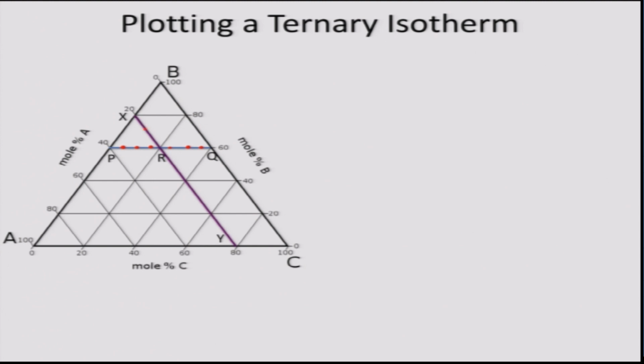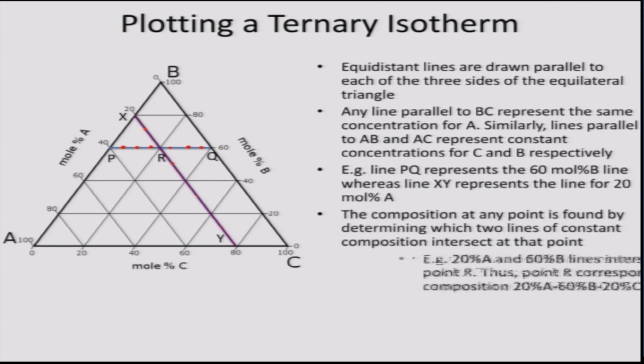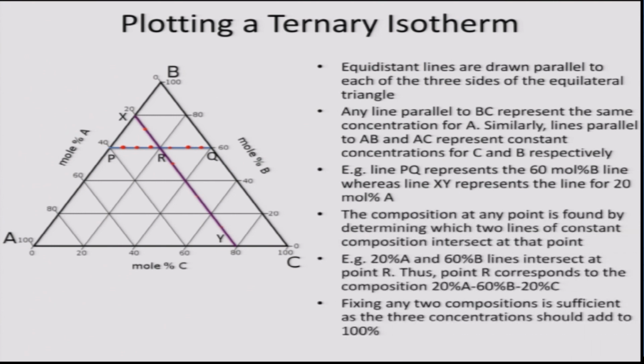Any alloy that lies on line XY has a constant concentration of A, which is 20 mole percent of A. Now, PQ and XY intersect at point R, and so the composition of alloy R would be 60 mole percent of B, 20 mole percent of A, and 100 minus 60 minus 20, which is 20 mole percent of C. This is how we can read the composition in a ternary triangle. So, I have covered all these points.